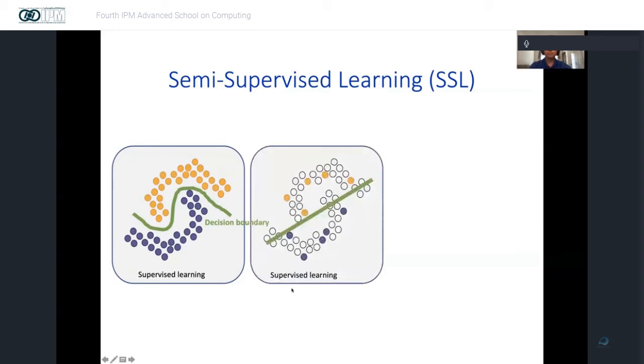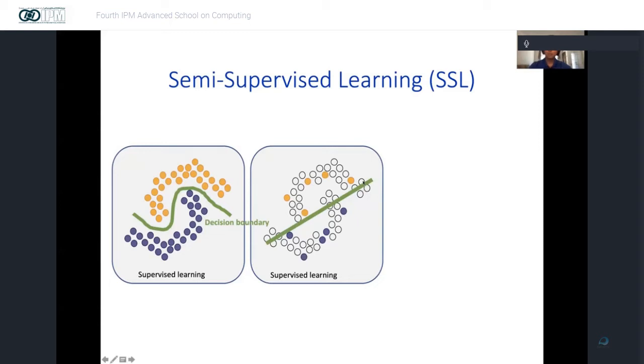Now, assume that in this new scenario, we only have ground truth labels of these samples in solid colors, and for all of the other circles, we don't know their ground truth. They are real data without known labels. If we approach this problem again as a supervised learning problem, this is going to be the decision boundary that we are going to create.